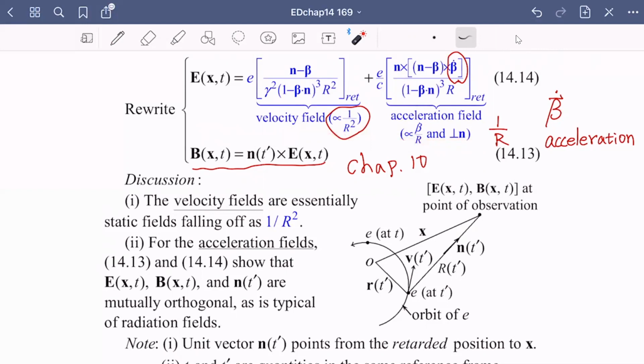Let's have some discussion. First, the velocity fields are essentially static fields, falling off as 1/r². Static field, 跟我们静电静磁讲的都一样, 1/r².